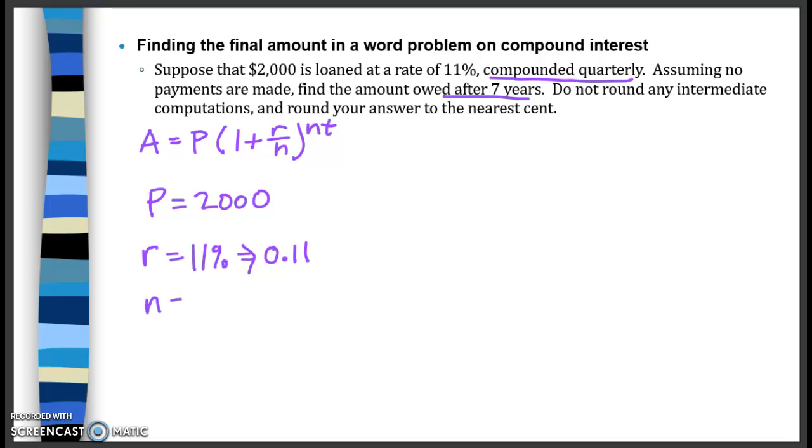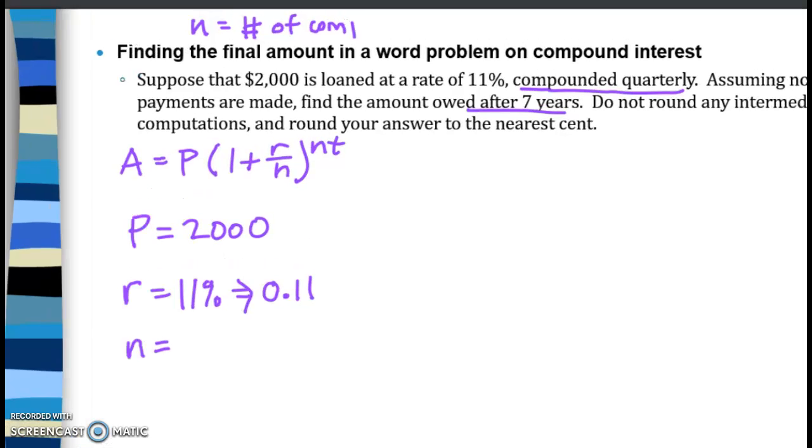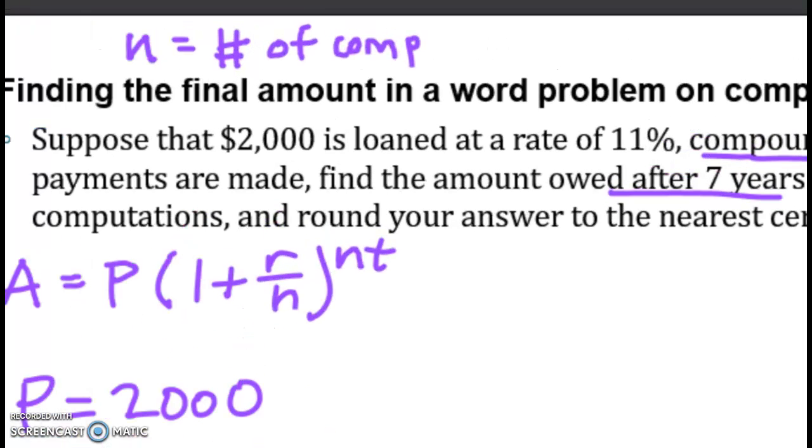n. What is n? Remember, you can go back and look at the introduction to compound interest video, but n is the number of compounds per 1 year.